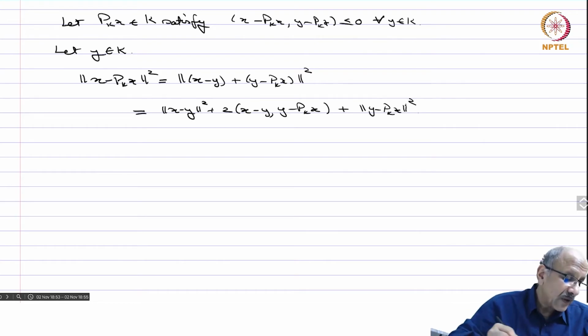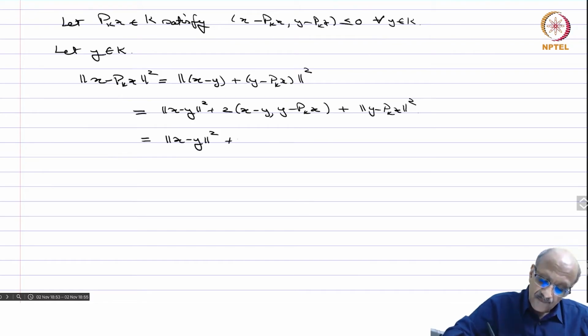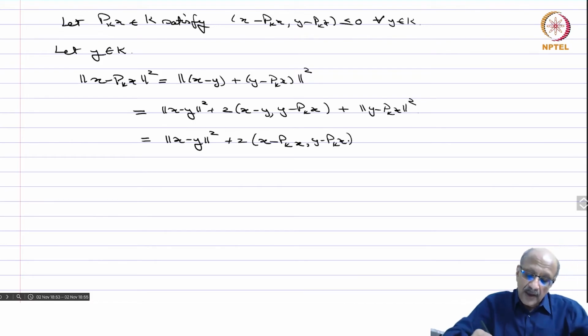Okay, so I am going to take the middle term, so I have norm of x minus y squared plus 2 times the inner product of x minus P_K x and y minus P_K x. Okay, so then I have P_K x minus y. I have to add P_K x minus y, which is the negative of y minus P_K x.